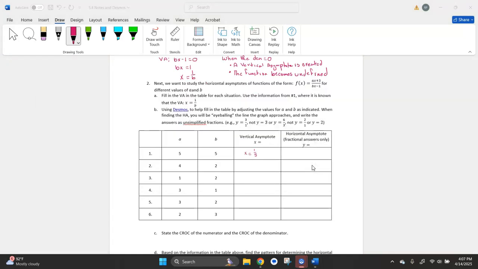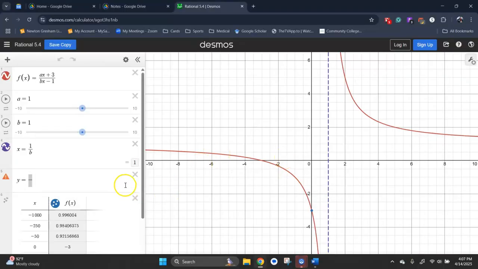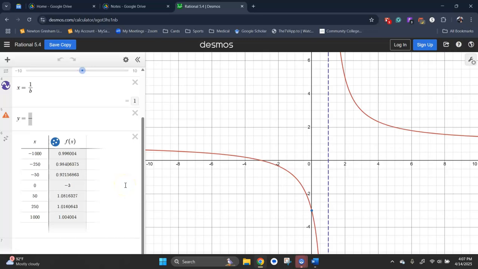The other thing you might want to take notice of is the table down here, and you can look to see what's happening in the table. We'll come back to the table shortly. This time, unlike in the vertical asymptote lesson, where we did not have a horizontal intercept, in this problem we have both a vertical intercept and a horizontal intercept.